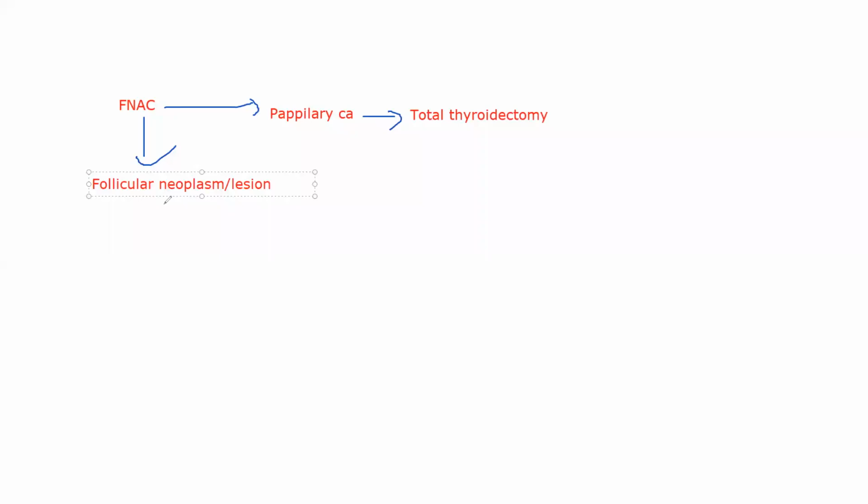So what we do is a hemithyroidectomy or a lobectomy, and send for biopsy.